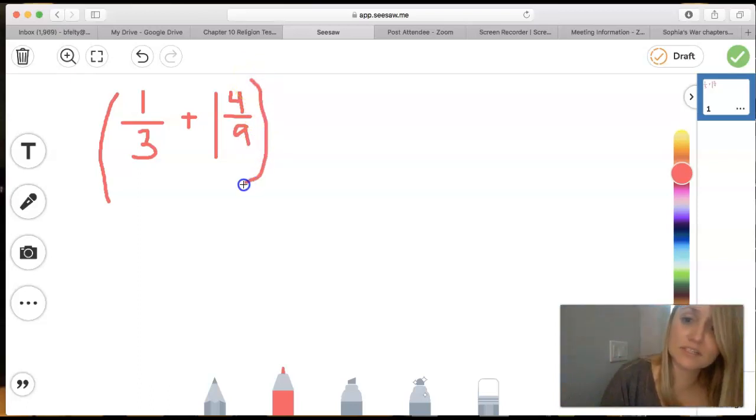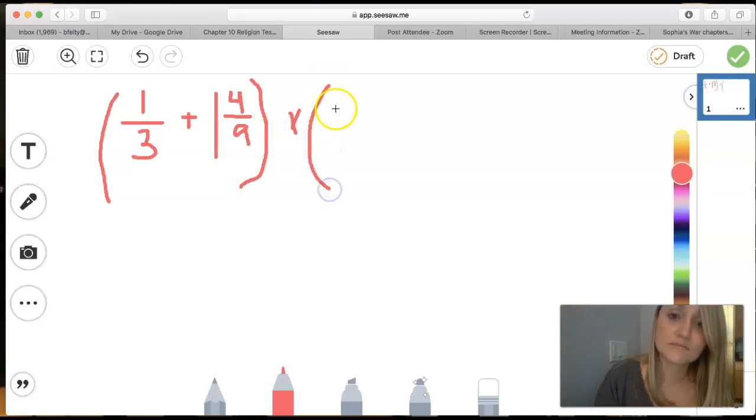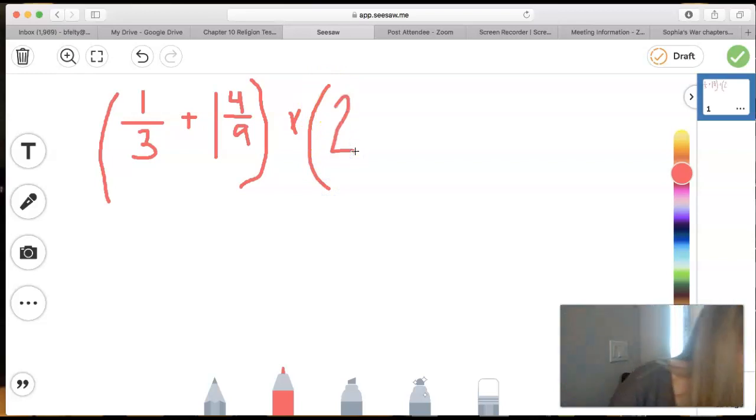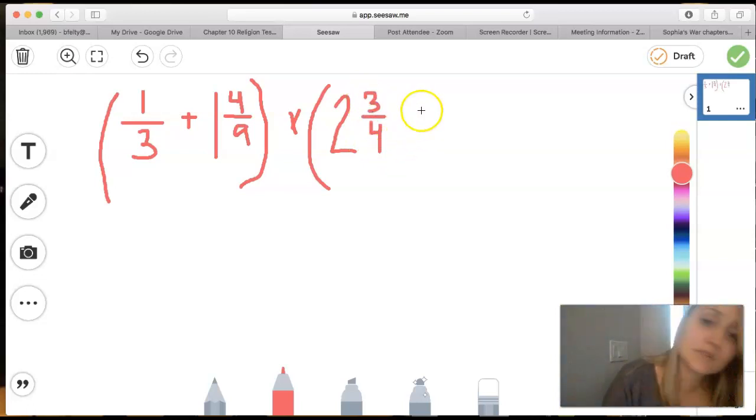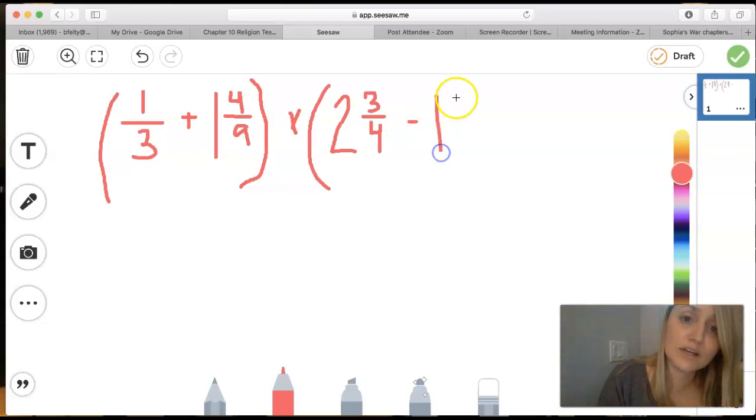Oh, they really multi-stepped, you guys. Times 2 and 3/4 minus 1 and 1/2.